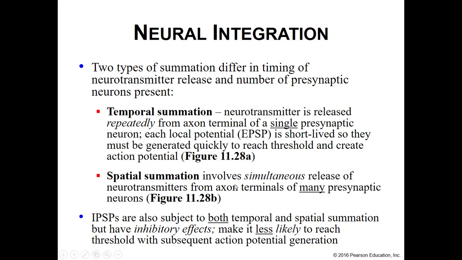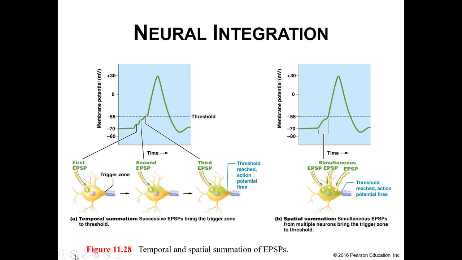And so with spatial, simultaneous release of neurotransmitters from many presynaptic neurons, like we just saw in the previous figure, or you can have temporal, which would be repeated release from a single presynaptic neuron that would add up to the threshold. And so here is temporal, single neuron, axon terminal, repeatedly releasing neurotransmitter, repeatedly depolarizing, getting closer to threshold with each stimulation until you reach threshold and generate an action potential.